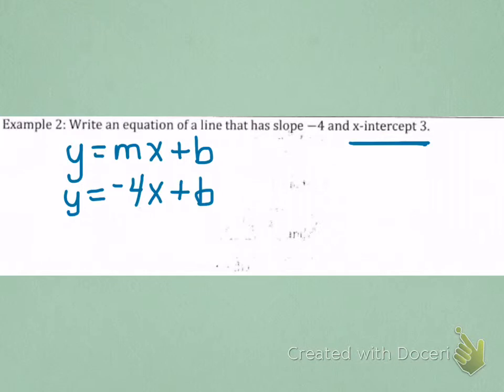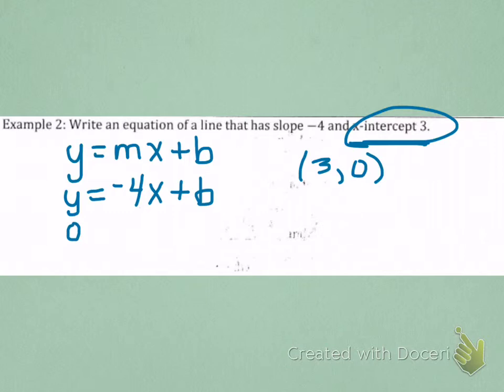Now the other thing we know is that the x-intercept is 3. That means that the line crosses at the point 3, 0. 3 on the x-axis, 0 for the y, would cause the line to cross at the x-intercept of 3. So we can take that point and plug it in for the x and y.